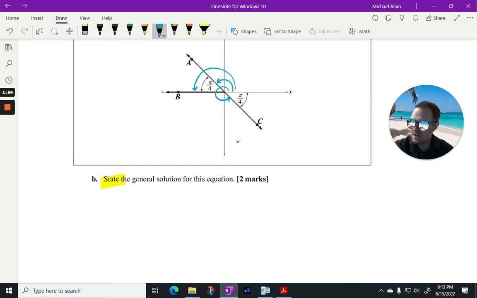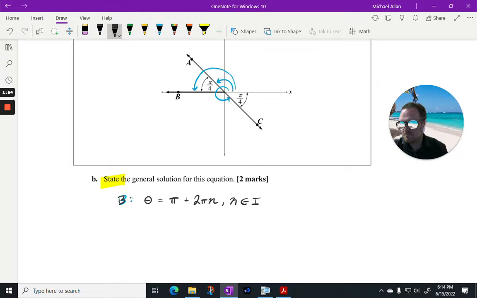So B is technically, what should these be in theta? Theta, okay? B is theta is equal to the principal angle, pi, plus 2 pi n, n an integer, right?